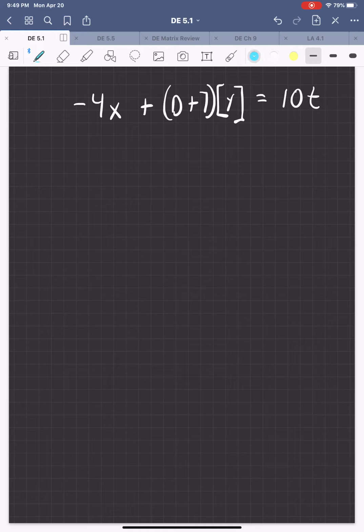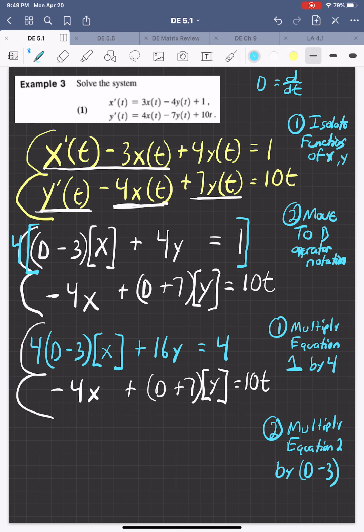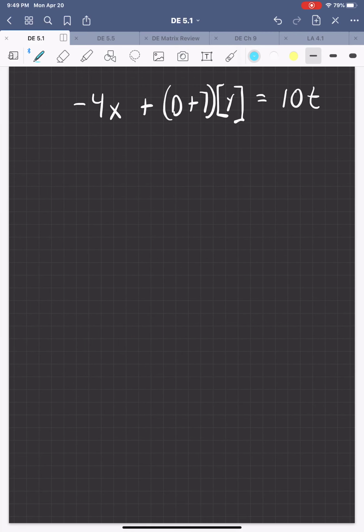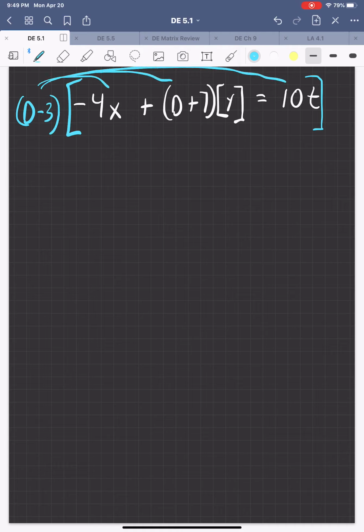All right, so as we said, what we're missing here is that D minus 3. So we're going to distribute a D minus 3 to that entire second equation. Ready? So this entire second equation all has to be operated on by that D minus 3.